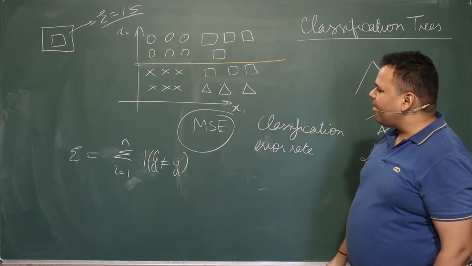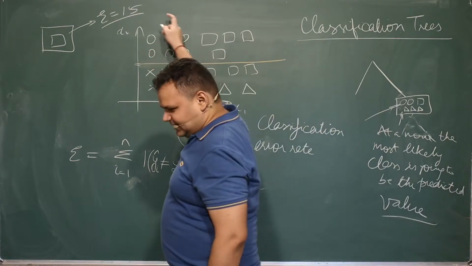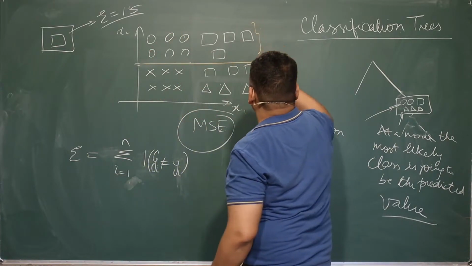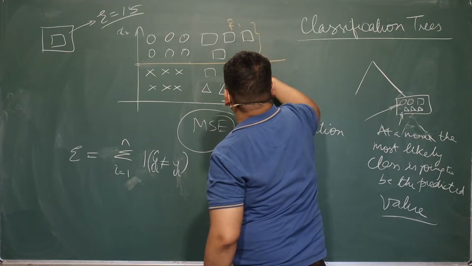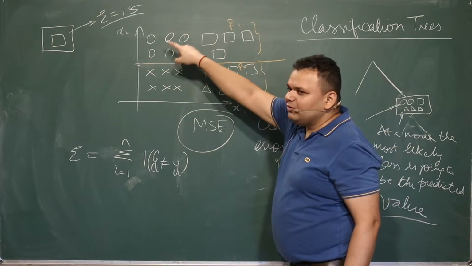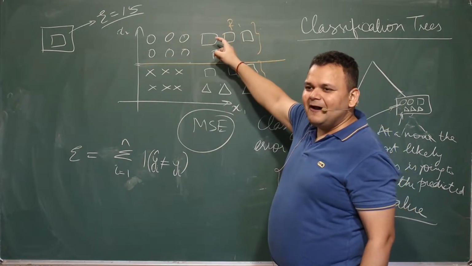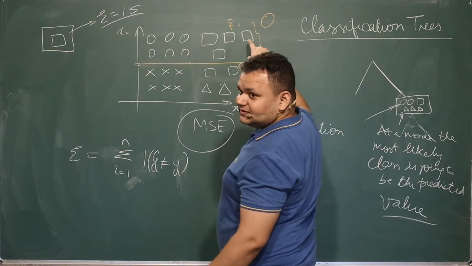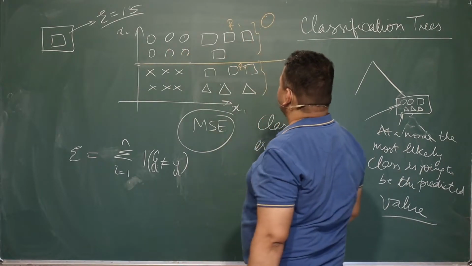अब इस partition में मेरे दो regions हैं. Okay, this is region 1 and region 2. So what is region 1 going to predict? इस region में prediction क्या होगा? हाँ, circle. Circle predict होगा. ठीक है ना, 6 circles हैं और 4 squares हैं.